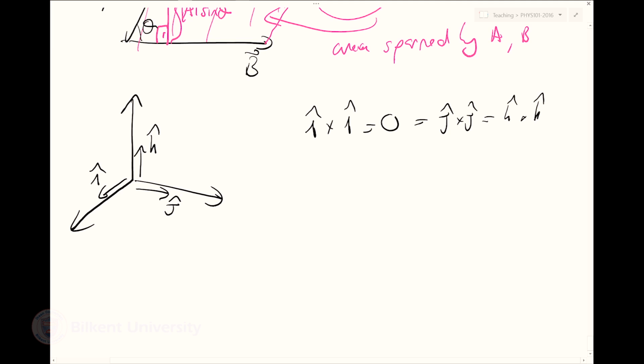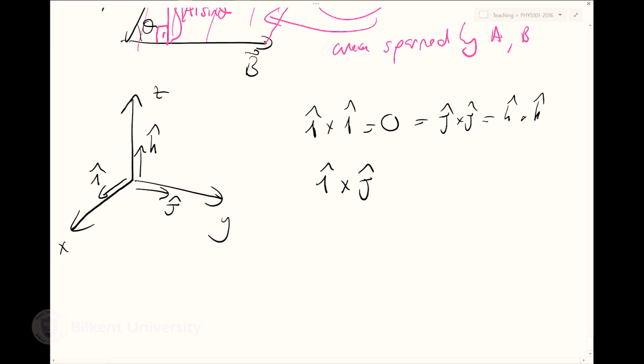But here is the interesting thing. What is I cross j? I'm taking my 4 fingers, pointing them along I. I can still rotate my thumb and palm. I'm rotating it so that it faces j. When I close, what I get is k. So I cross j gives me vector k.